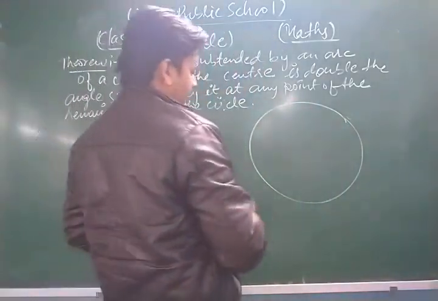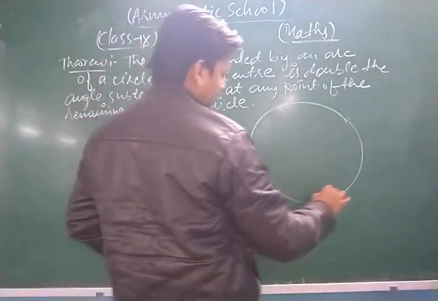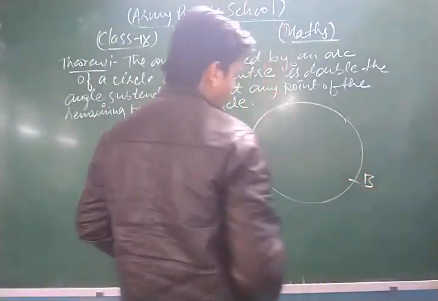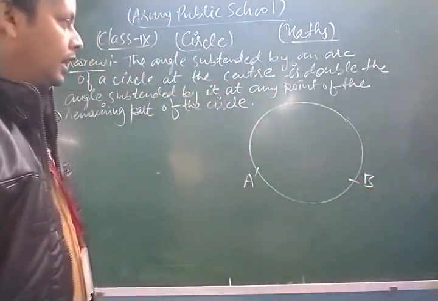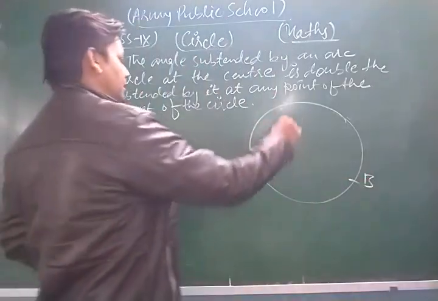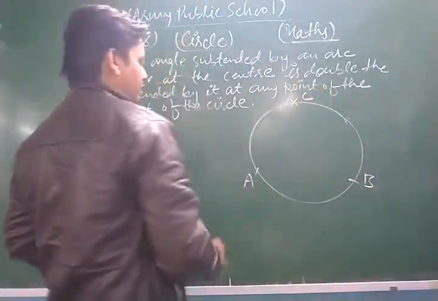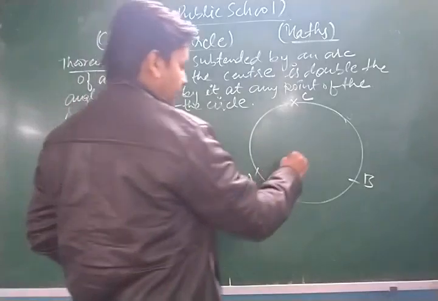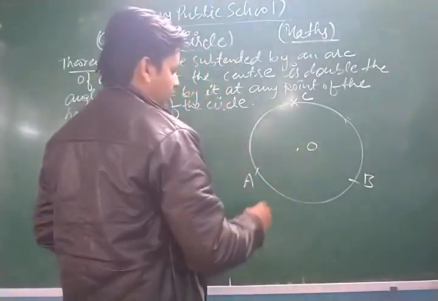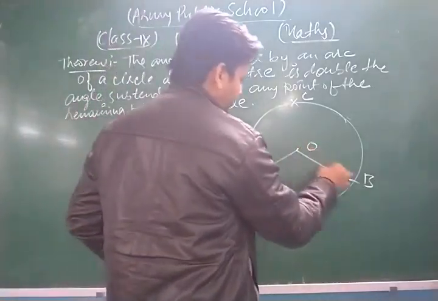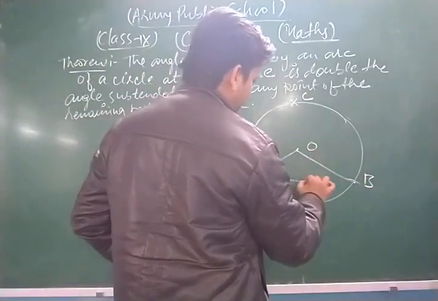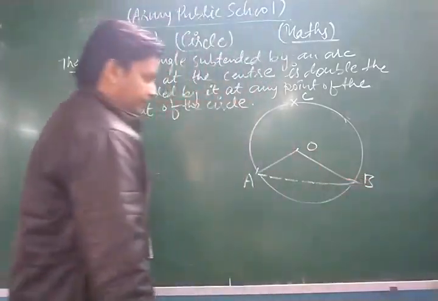Let AB be an arc of the circle, and let C be any point on the remaining part of the circle. Let O be the center of the circle, and we join OA, OB and AB also.